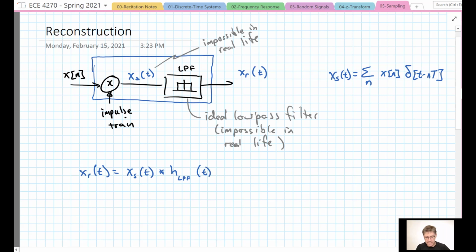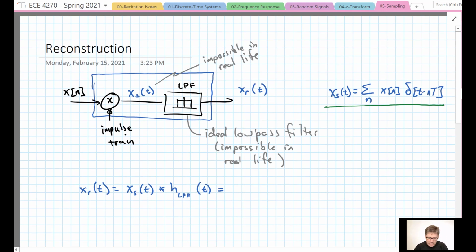It's just that it's done with an integral instead of with a summation. As you recall, and if you don't, it's right up here in the upper right, xs is a sum of impulses.